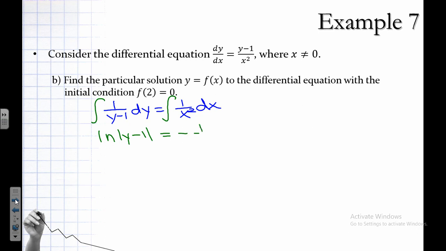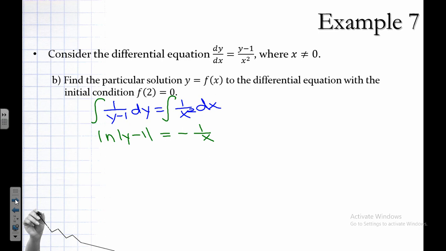Negative 1/3 x to the negative, right? Other way around. So this is x to the negative 2. When we antiderive, we add 1 to the power. Oh, right, okay.